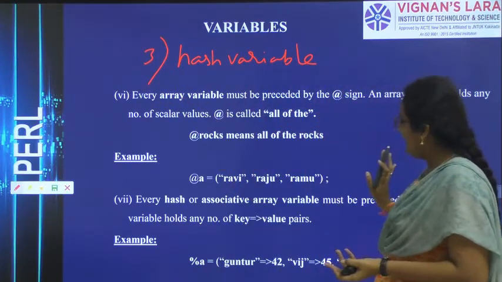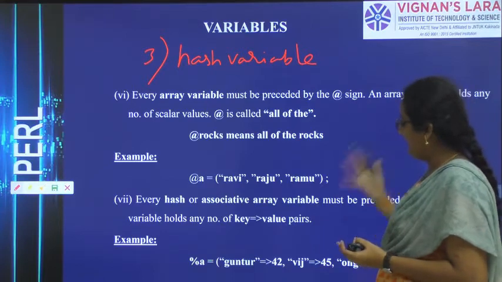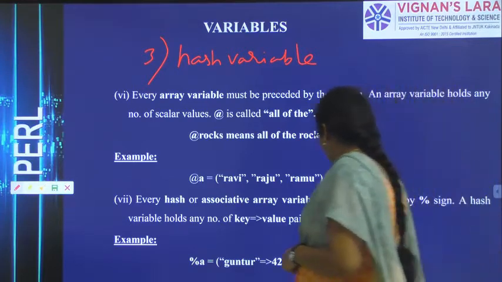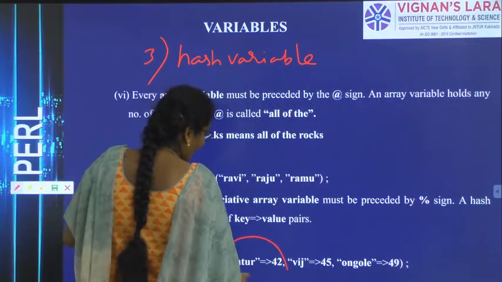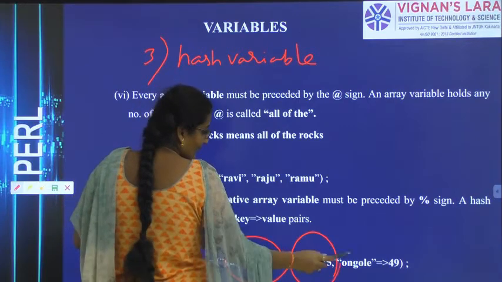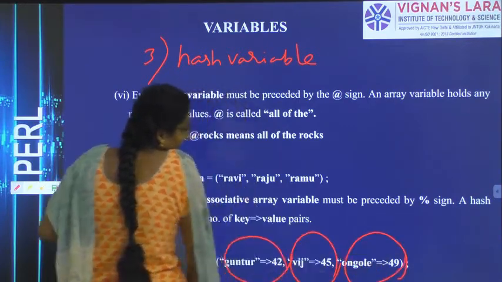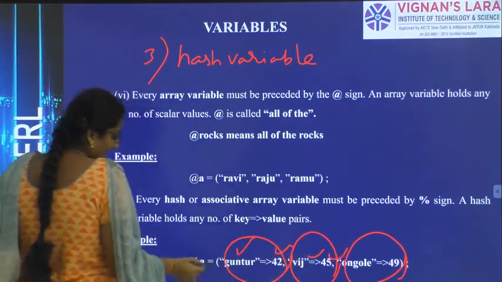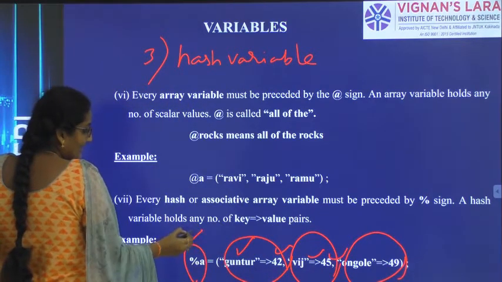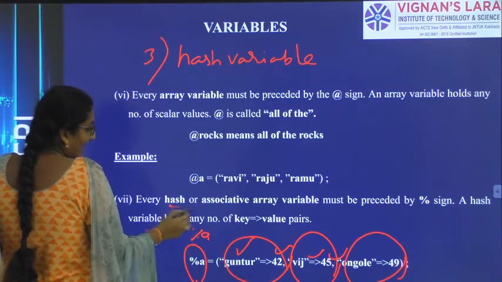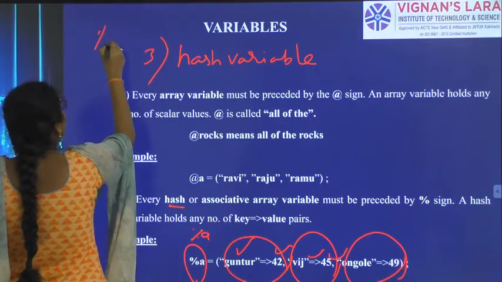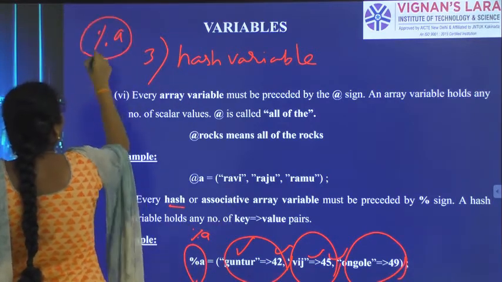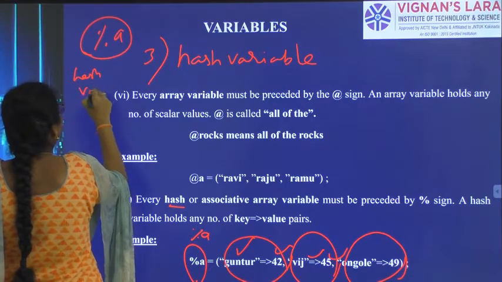This hash variable can hold any pairs of key values. Here, temperature of Guntur is 42, temperature of Vijayawada is 45, temperature of Ongole is 49. The place names and their temperatures are in the single variable %A. This %A is nothing but a hash variable.